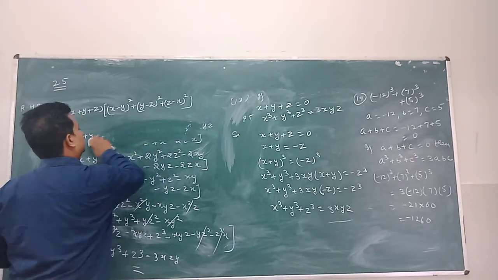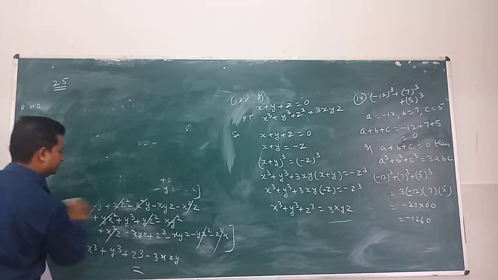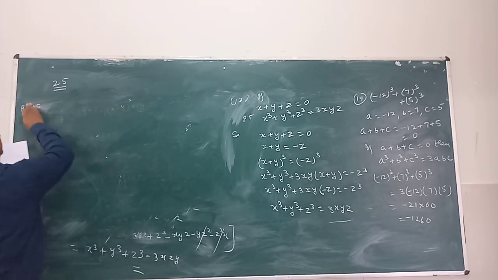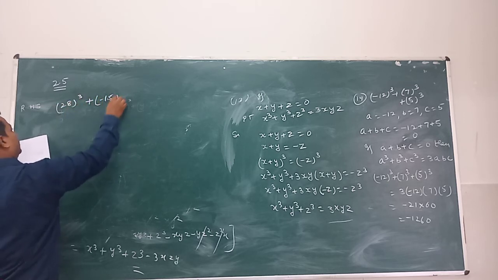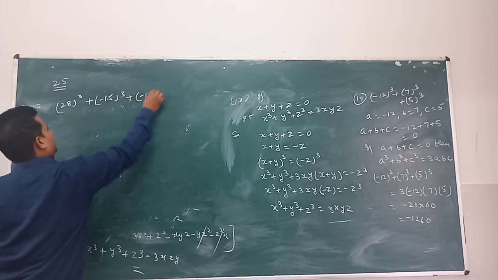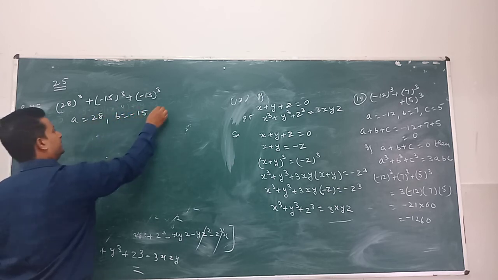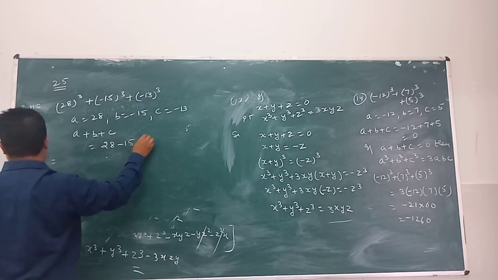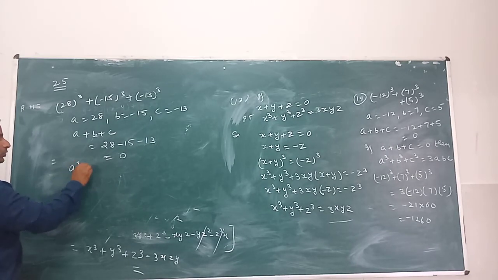In the second part, the statement is (28) whole cube plus (minus 15) whole cube plus (minus 13) whole cube. Here we take a equal to 28, b equal to minus 15, c equal to minus 13. When we add a plus b plus c, it is 28 minus 15 minus 13, so it equals 0.